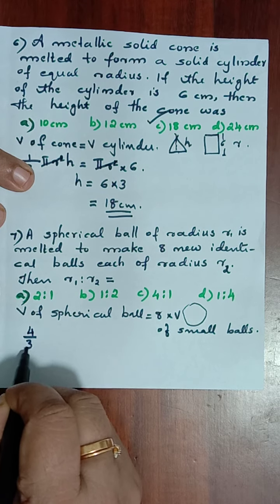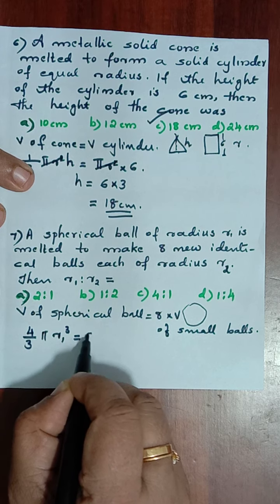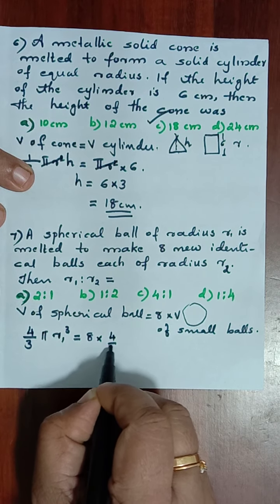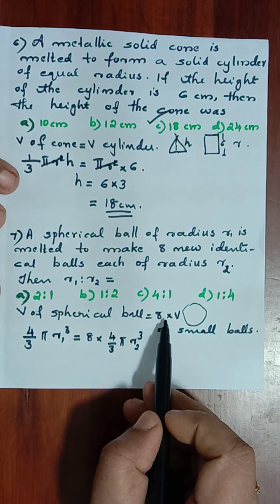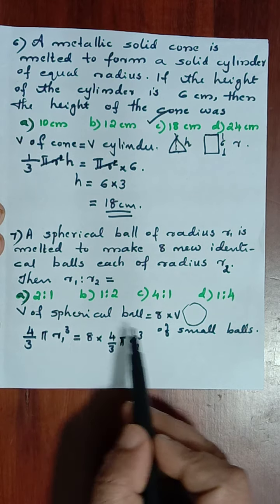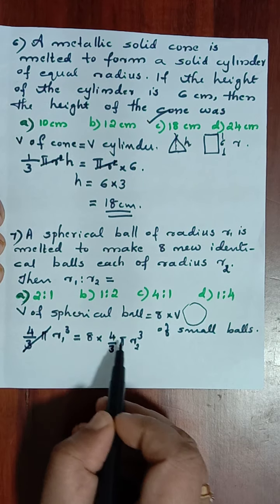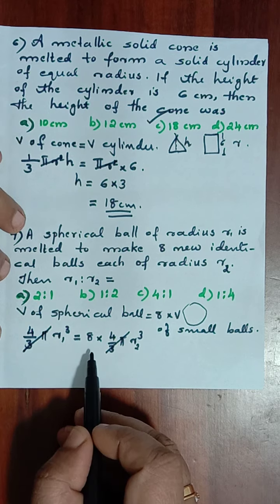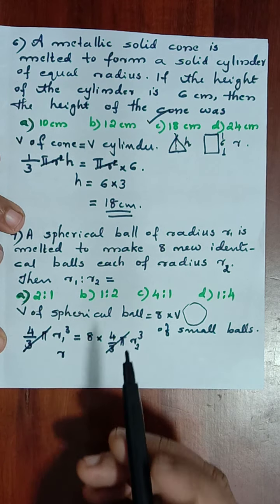So 4 by 3 pi r1 cube equal to 8 into 4 by 3 pi r2 cube. Big ball is made into 8 small balls. So 4 by 3 pi we cancel. 8 is remaining.